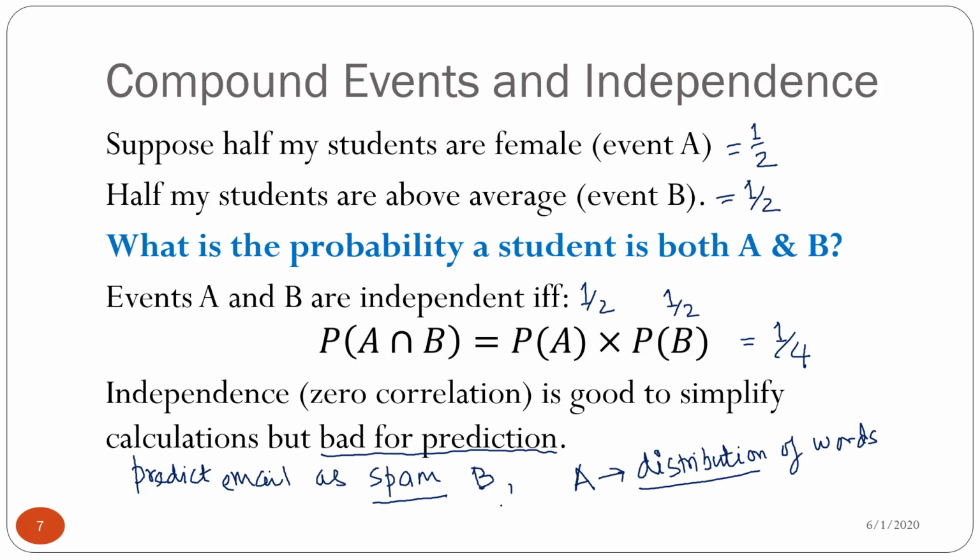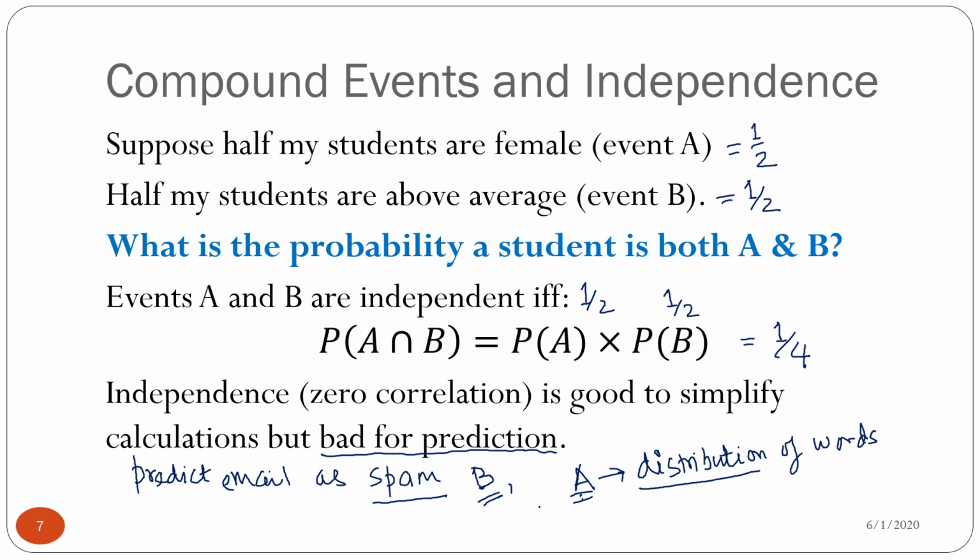Now if there is some correlation between the words in the email and the fact that it is spam or not, then that is good news, right? And you'll agree with me that spam emails have specific words, right? So yes, that's good news. We have some correlation between the distribution of the words and the email being spam.